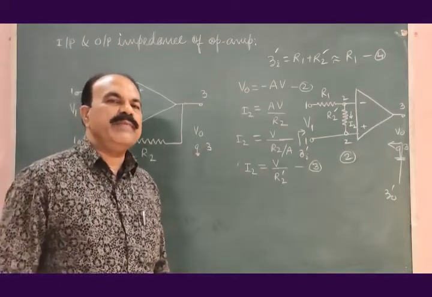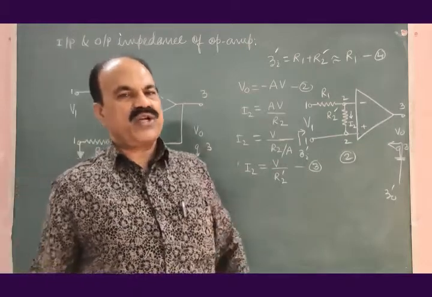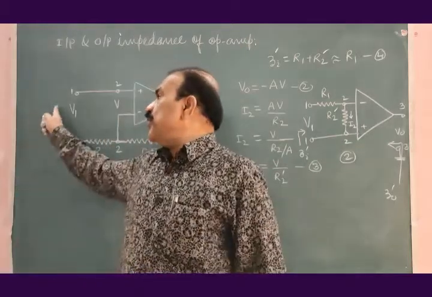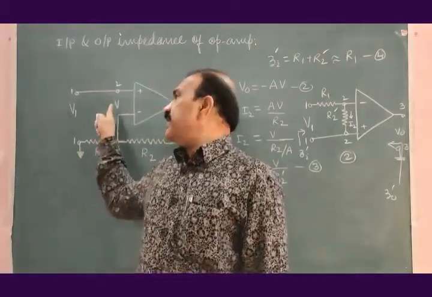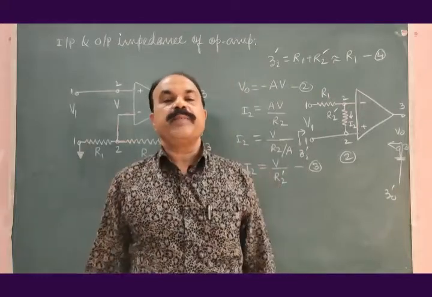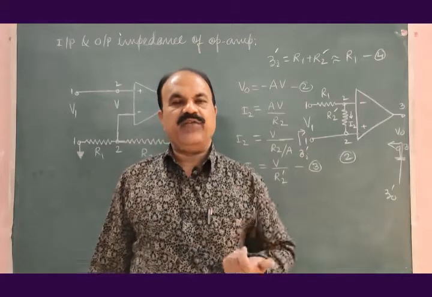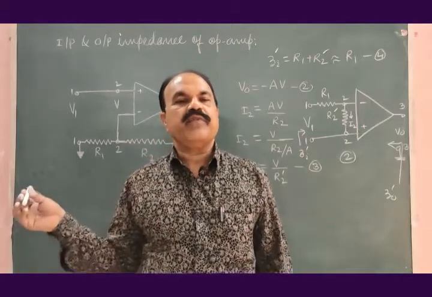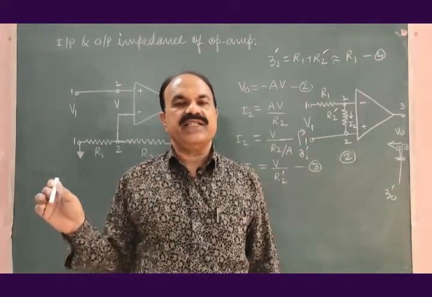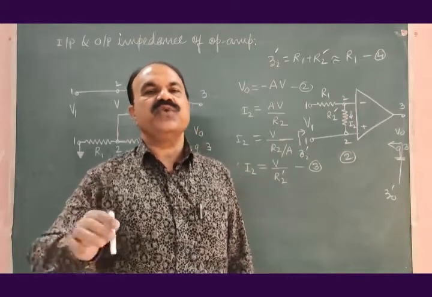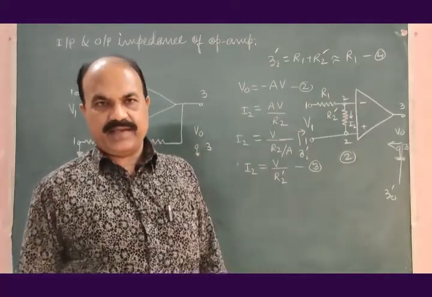As it is negative feedback, there will be subtraction of the input voltage and feedback voltage, and V will be the net input voltage after the negative feedback. This type of feedback is known as negative series voltage feedback.